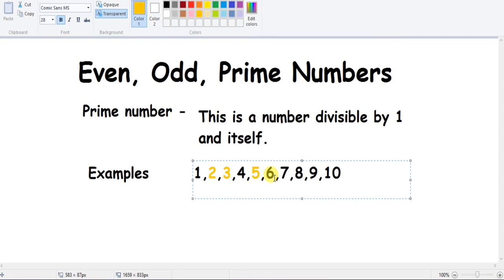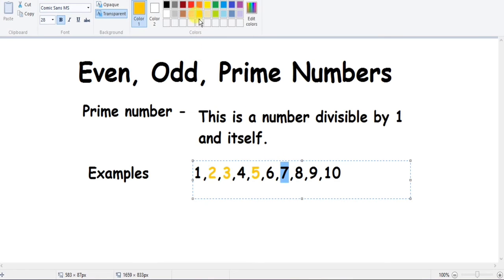If you go to 6, it can be divided by 1, it can also be divided by 3, and it can also be divided by itself, which is 6. So this is not a prime number. When you go to 7, it can be divided by 1 and by 7 itself, and no other number can be divided into 7.